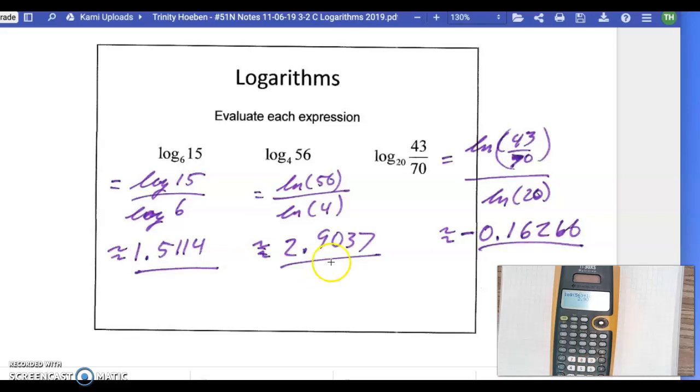There we go. This third one is a little tricky because we want to change base. We're going to say the log of 43 over 70 divided by the log of base 20. So let's do log of that fraction, 43 divided by 70, divided by the log of 20.